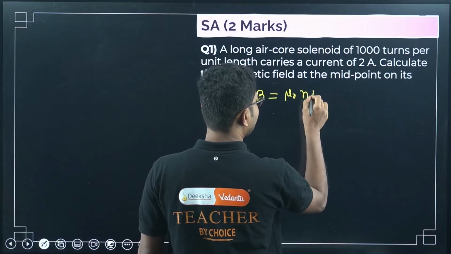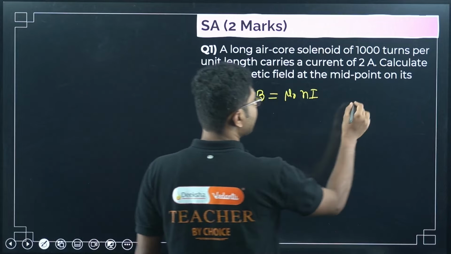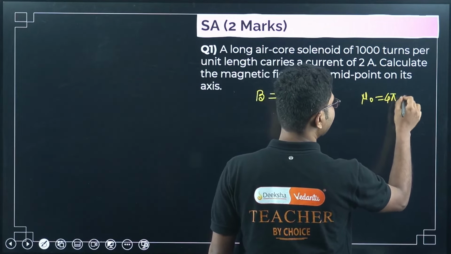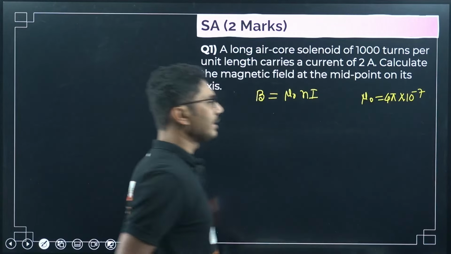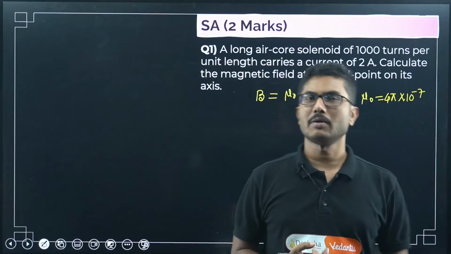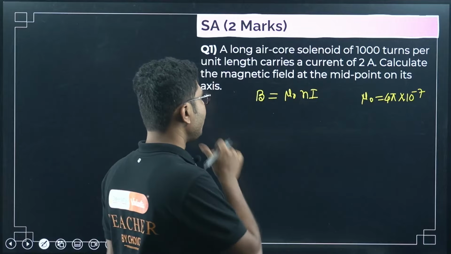Here n is the number of turns per unit length. And mu naught, if you still don't remember, is 4 pi times 10 to the power of minus 7. Mu naught by 4 pi is 10 to the power of minus 7. This is also a constant like epsilon naught, if you remember.